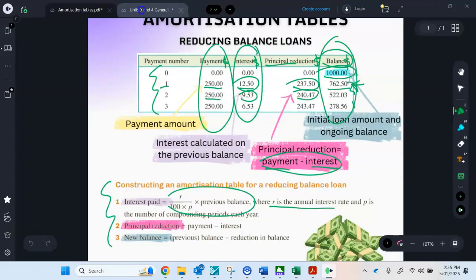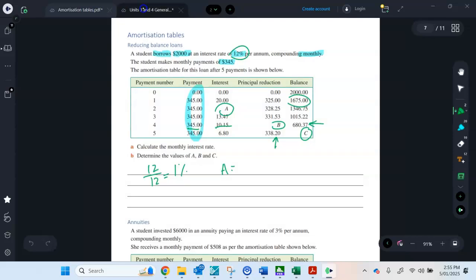Yeah, so it's R over 100 times A. So R, our annual interest rate, 100 times compounding periods, which is also 12. And then we're going to multiply that by our previous value. So not 2,000, let's get rid of that, 1,675. All right, so we're just taking basically 1% of 1,675, which is $16.75 if you did it on the calculator.